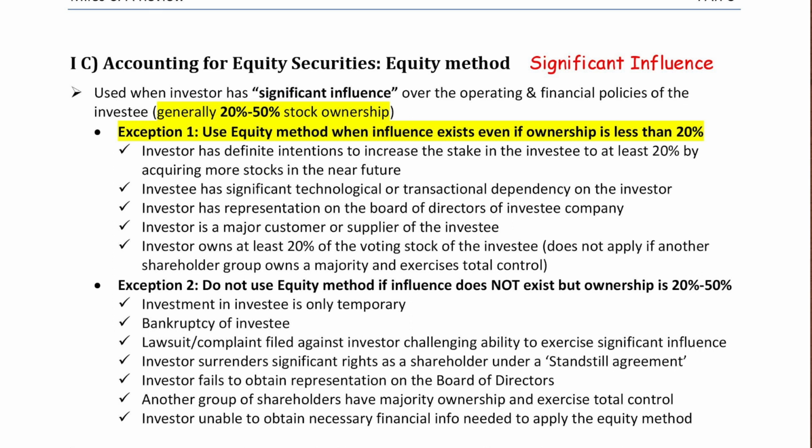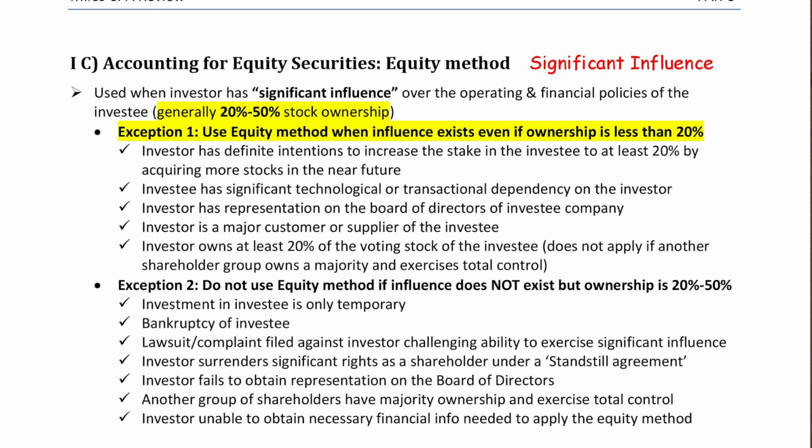Or the investor owns at least 20% of the voting stock of the investee. So all these indicate significant influence, and it could be possible that the investor exercises significant influence even though the investor owns less than 20%. But as I said, generally we are looking at 20 to 50% stock ownership.